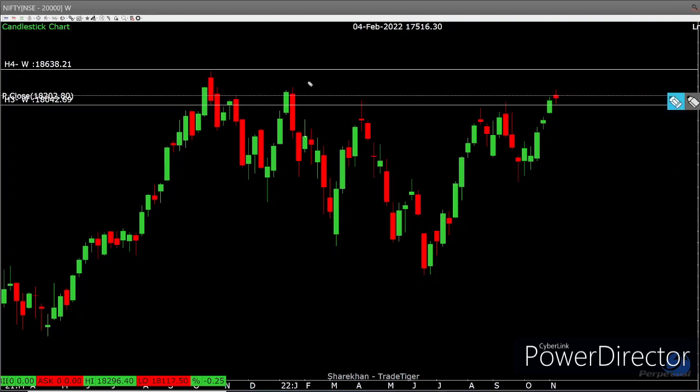So it's given us quite a few touches. If you look carefully, even to the naked eye, it's quite evident that there is some kind of resistance, or some kind of area where there is a fall that is happening once the market is reaching that point. So this is the fifth time, technically, the market has entered this particular zone.